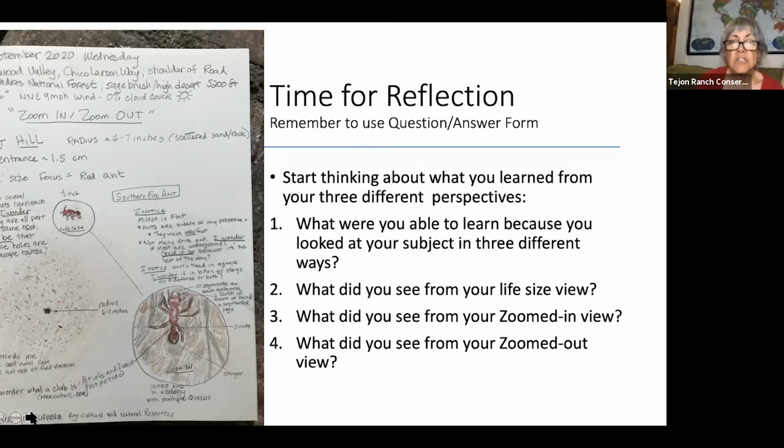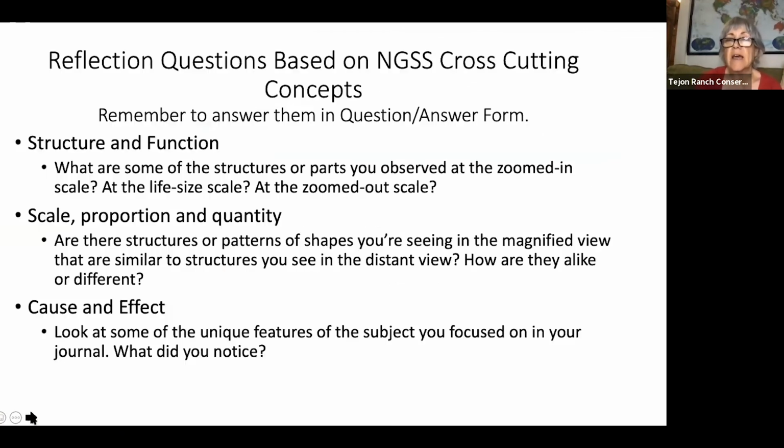Besides these 4 questions, you have 3 more questions, and those are the next generation science standards questions. And again, in question answer form. These questions are a little more complex. They're multiple parts, and you need to be sure to address all parts, not just one.